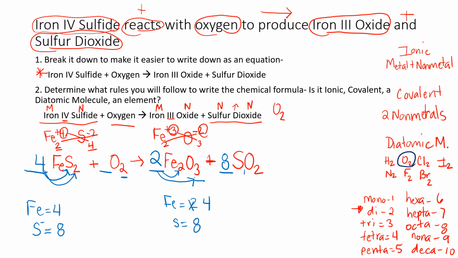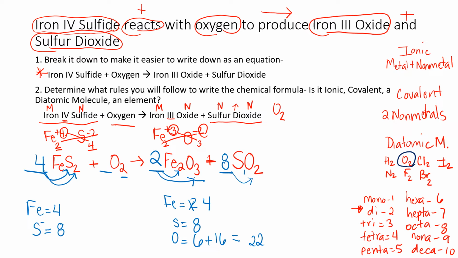Now the last thing, where we left off, was with the oxygens. So remember, oxygens are in 2 different spots. So this 2 multiplies by this 3, giving me 6 oxygens. But I can't forget this oxygen here. 8 times 2 is 16. So once I do that, that's going to give me a total of 16 plus 6, 22 oxygens.